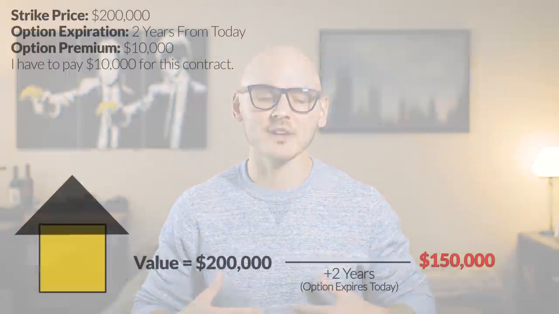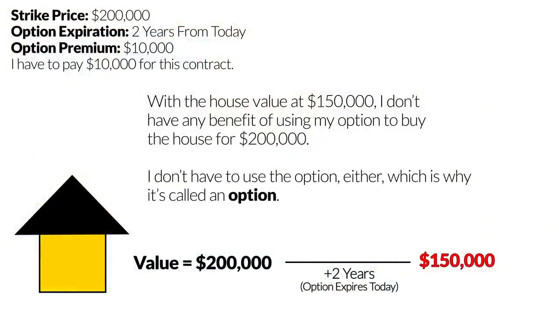But let's say the opposite happened and the house price did not increase and actually fell to $150,000, 2 years from my purchase date of that option. Well, I don't actually have to buy the house for $200,000, because I had an option to buy it, but I don't have to exercise my right to buy the house at the strike price.